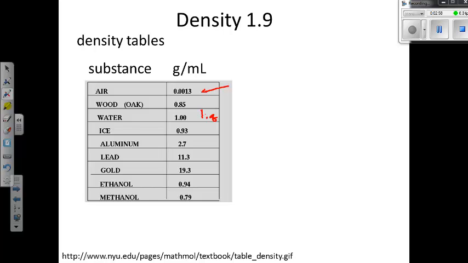Ice is a little bit less dense than water, so it's not a rule that solids have to be more dense than liquids, though typically you would say gases are less dense than liquids and liquids are less dense than solids, but it's not categorically true. Oh, here we have a couple more liquids. See, I didn't make this table. There we have some liquids down there. Ethanol and methanol are liquids, and the other ones are going to be solids. So you get an idea of some common densities, and learn something already from looking at that.